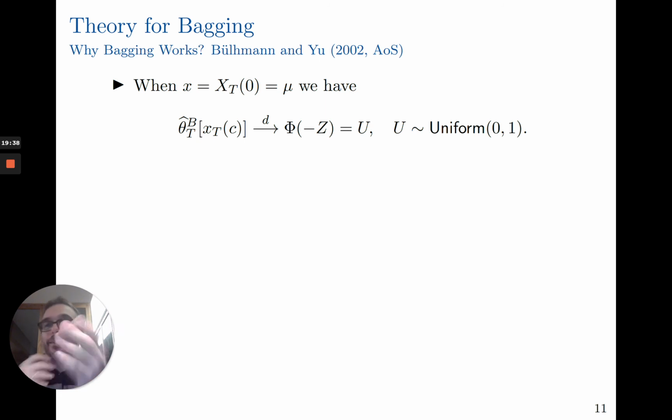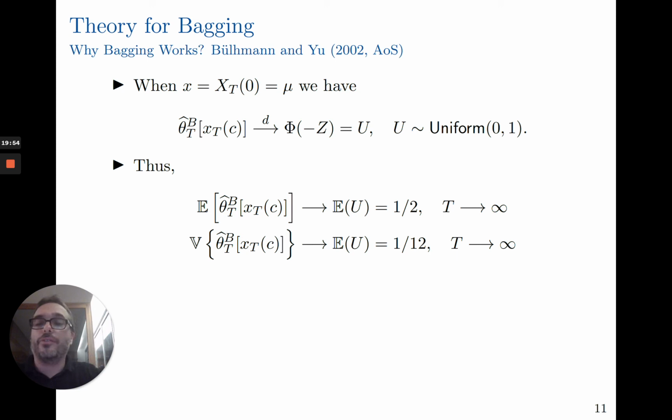So let's take the value of xt at 0, so let's make c equal to 0. Then our estimator will converge to a uniform random variable, so we can compute the average and the variance of a uniform random variable.